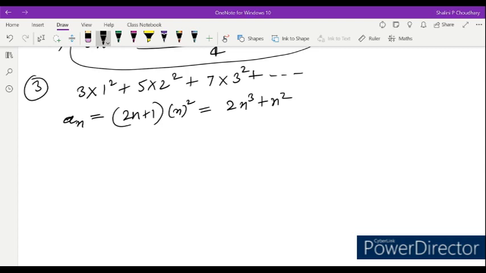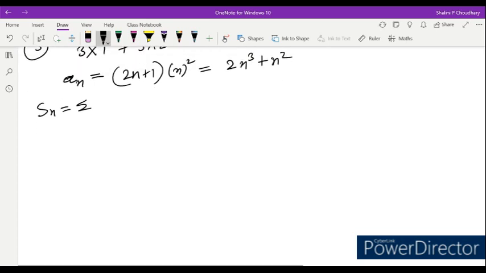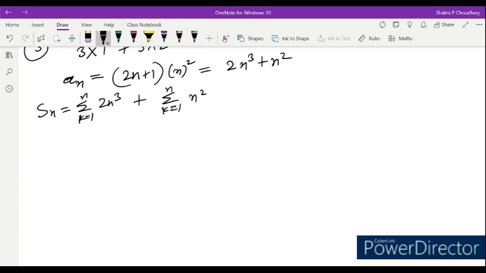Okay, so we have to find out the summation, I mean Sn. So what will be the value of Sn? Sn will be equal to summation of k equal to 1 to n 2k cube plus summation of k equal to 1 to n k square.